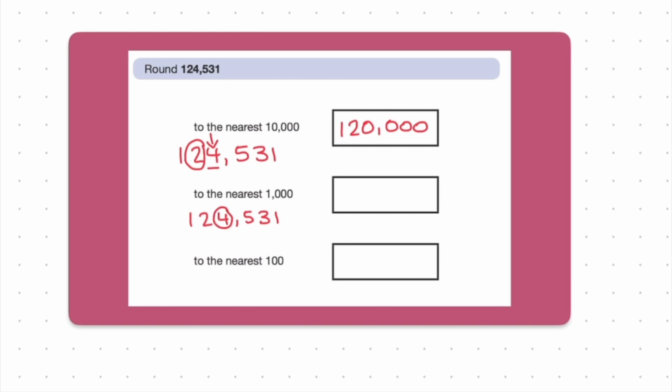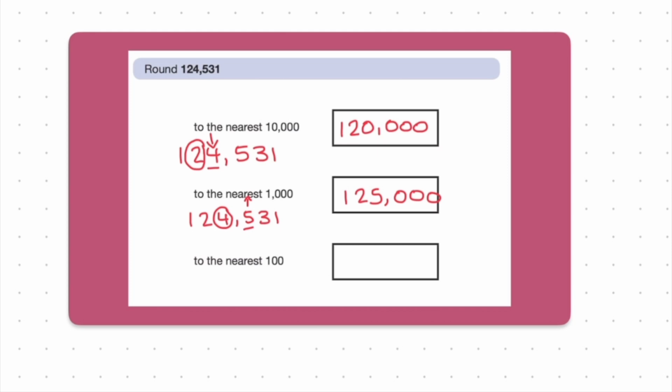124,531 to the nearest 1,000. So we've circled our 1,000 column, underlined our hundreds column. Our 5 is telling us to go up. So 125,000. And make sure you've got your placeholder zeros in there.